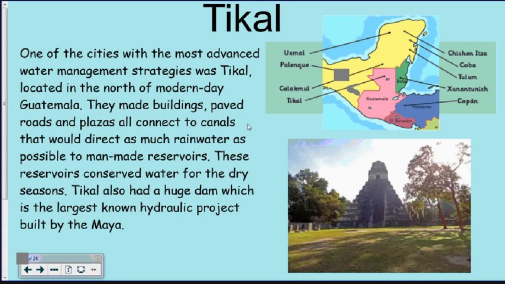So they created roads and canals, so when that rain did fall, it would all flow to a reservoir. These reservoirs conserved water for the dry seasons. Tikal also had a huge dam, which is the largest known hydraulic project built by the Maya.